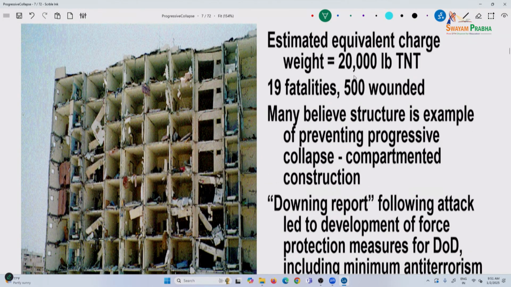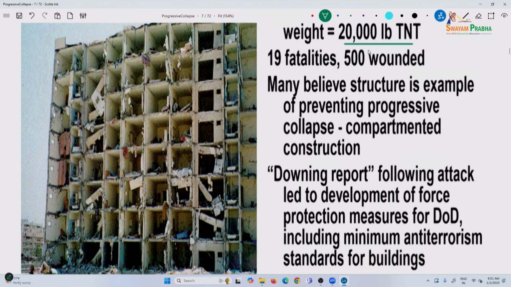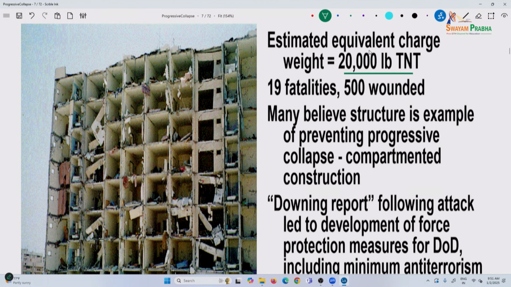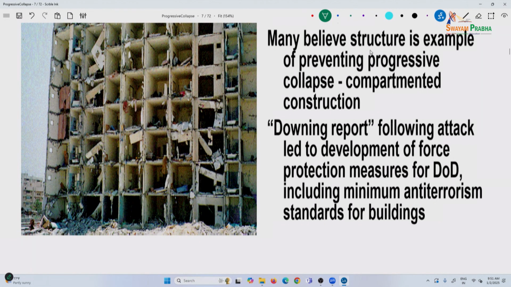Coburg Towers, again you see the amount of TNT here, it is a tremendous amount, 20,000 pounds. I do not know what the distance was. Again, it clearly shows the blowout. Again, it may not be fully progressive collapse, but certain parts of it, for instance, you can see could be a consequence of progressive collapse, many of it in this region.